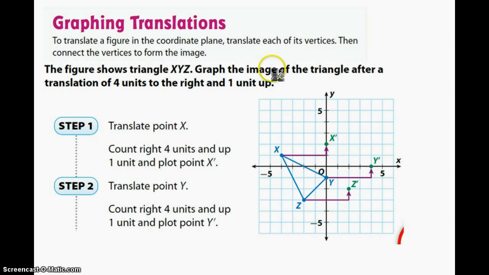You want to graph the image of the triangle after a translation of 4 units to the right and 1 unit up.